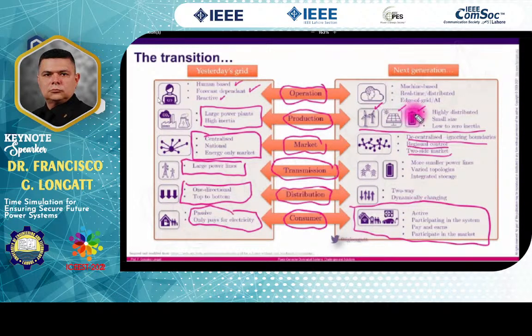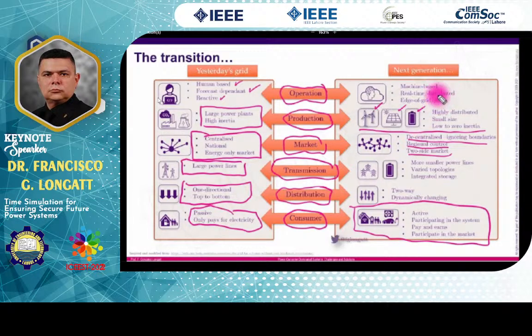As renewables start to be a high component of the generation mix, we need to change the way that we operate the system. Because right now, with very small generators, we have thousands or more of them inside the electrical power system. The decision taken cannot be a human-based process.